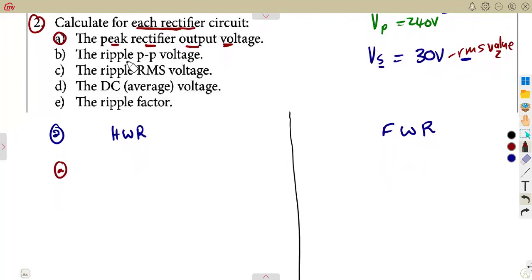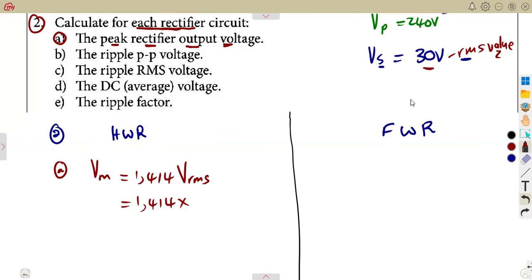So we can calculate the peak rectifier output. The peak, that is VP, you can write it as VP like this, or you can write it as VM like that. Maximum, that is the peak. So you saw that from the formula: 1,414 times the RMS value, which is VRMS, with the secondary side that we got on the secondary.